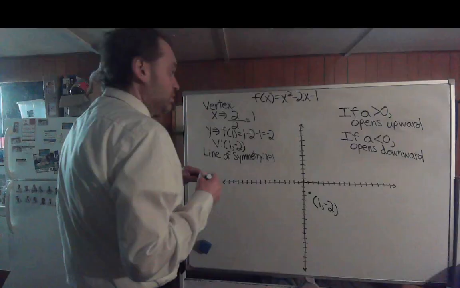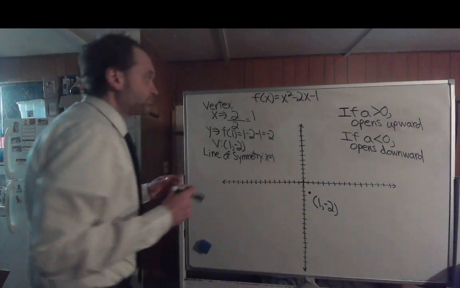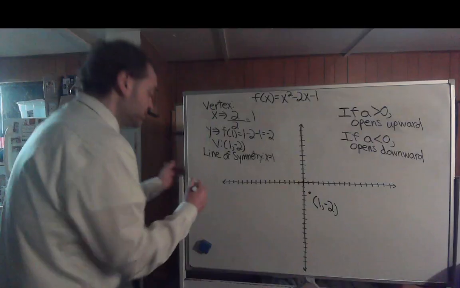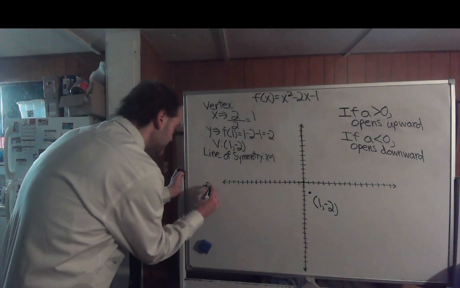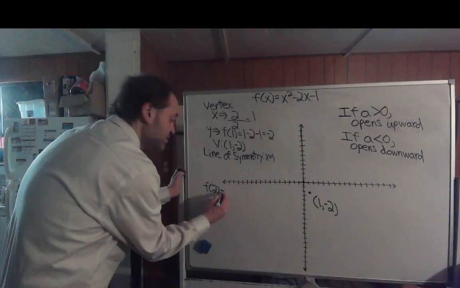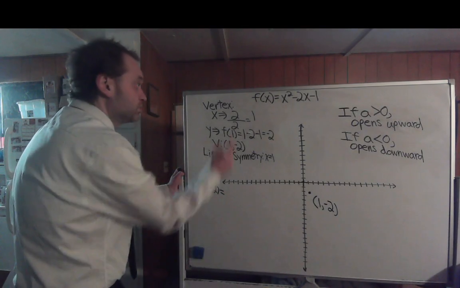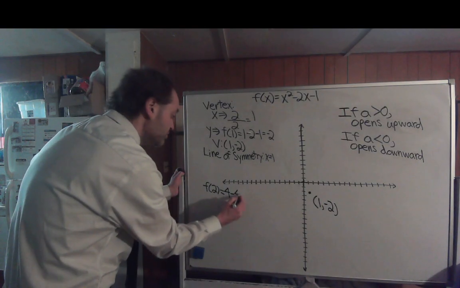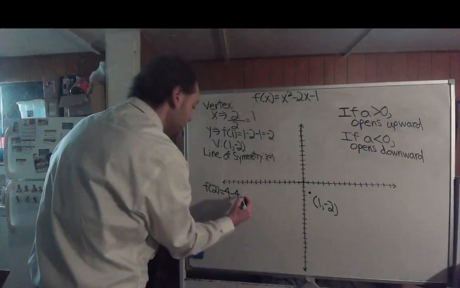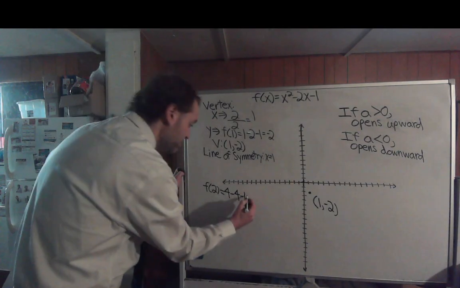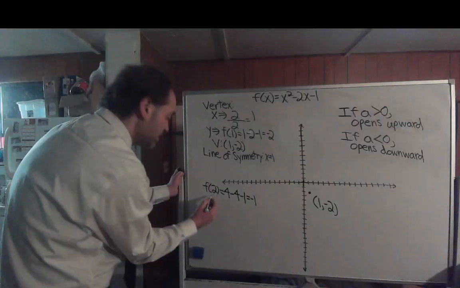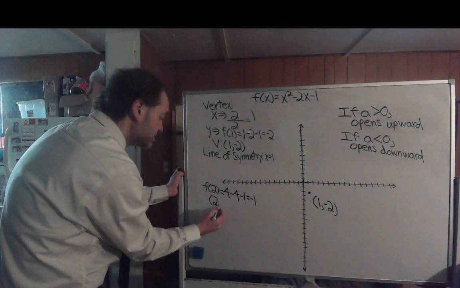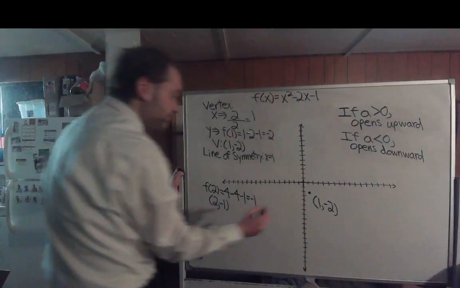Alright, so what if we put in, let's do f of 2. That's probably a safe one to do. So x would equal 2. 2 to the second is 4, minus 2 times 2, which is minus 4, then minus 1. 4 minus 4 is 0, which would be negative 1. So you would end up getting the point 2, negative 1.